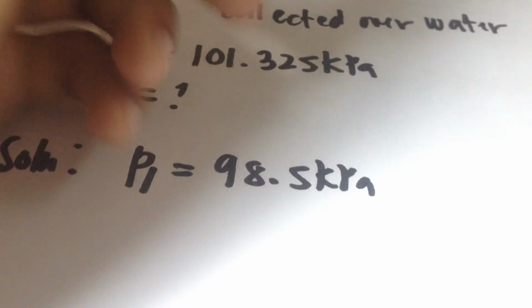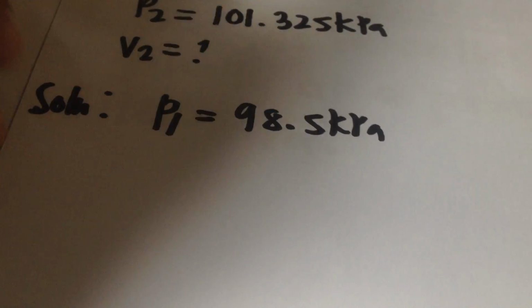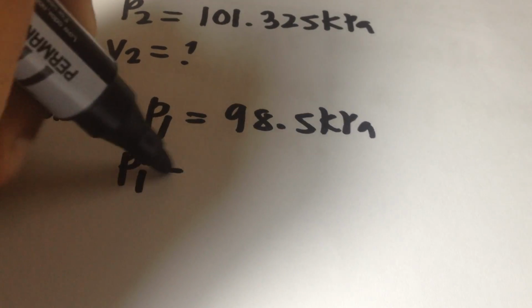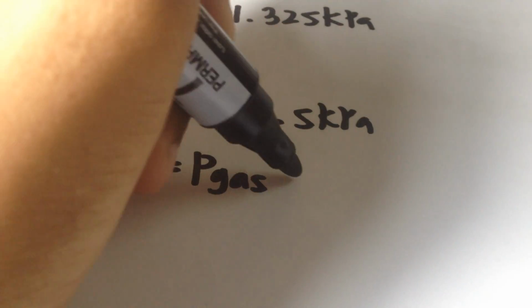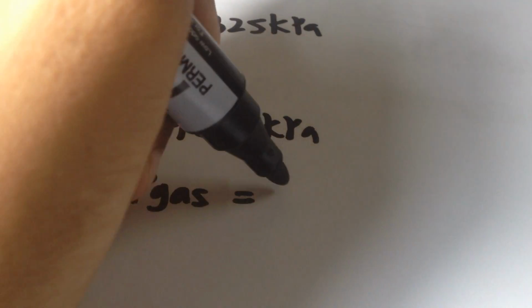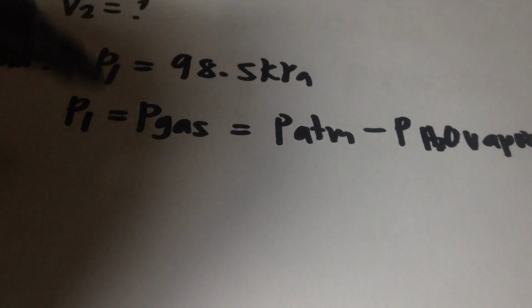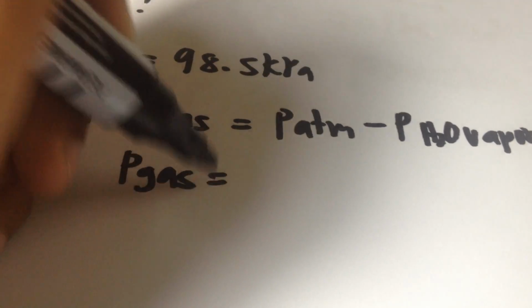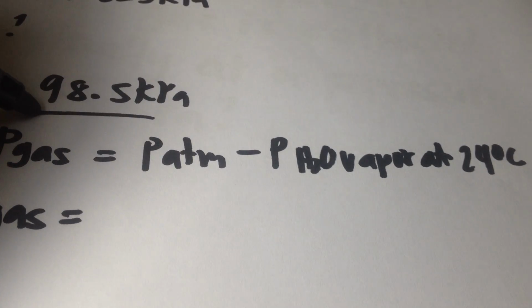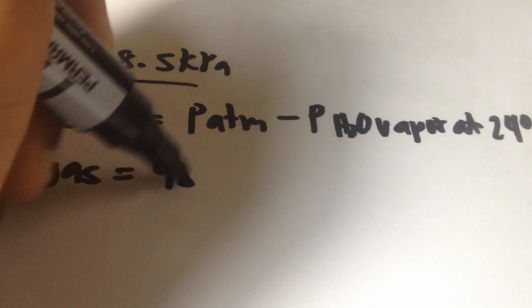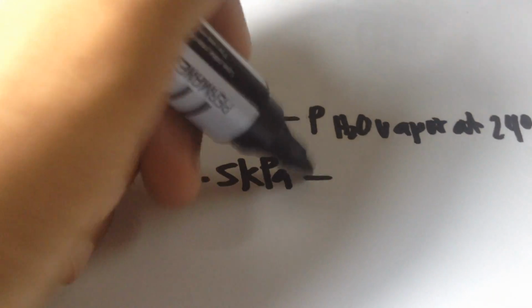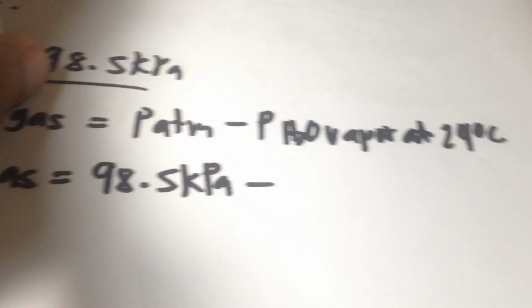There's a formula here: P1 equals P gas equals P atm minus P water vapor at 24 degrees Celsius. So P atm here is 98.5 kilopascal minus the P water vapor at 24 degrees Celsius.